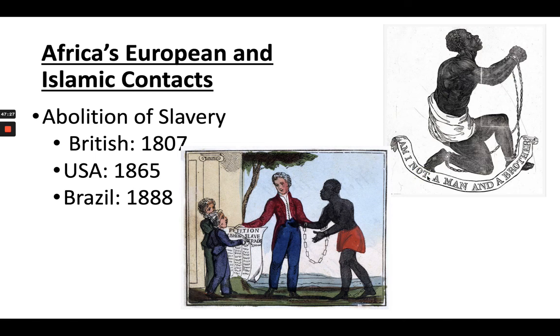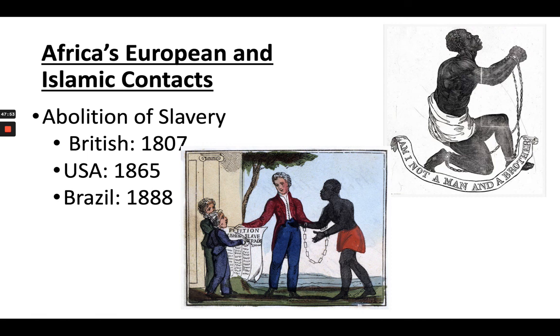So what about the abolition of slavery? Well, we're not really going to start to see active abolition of slavery until the 19th century. Over time, economic, political, and religious changes occurring in Europe and the colonies will promote a change in attitude towards slavery. Opponents of slavery and the brutality of the trade really begin to appear in the mid 18th century.